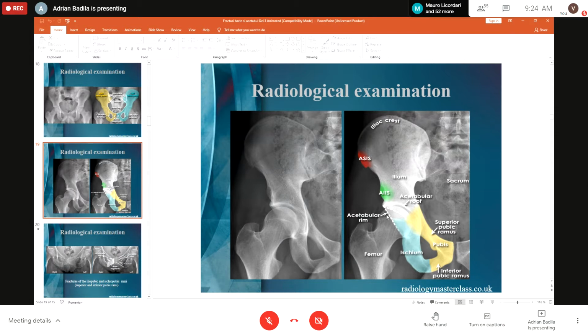This is the acetabulum, the femoral head, the femoral neck, the proximal part of the femur with the greater trochanter, the lesser trochanter, pubic symphysis, the body of the pubic bone, the iliopubic rami, and the ischiopubic rami.